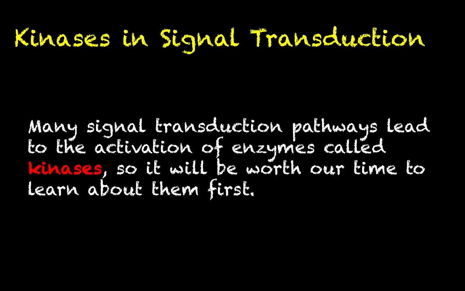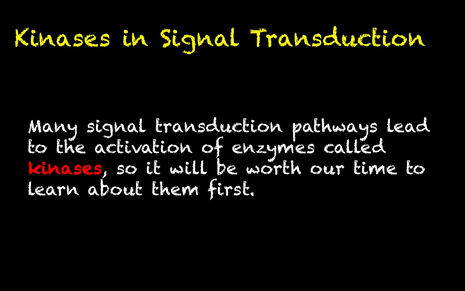So in our previous video about the basics of signal transduction, we indicated that engagement between a signaling molecule and its receptor on the target cell is going to produce some sort of intracellular effect, and very often how that's going to happen is through the activation or deactivation of proteins inside the cell.